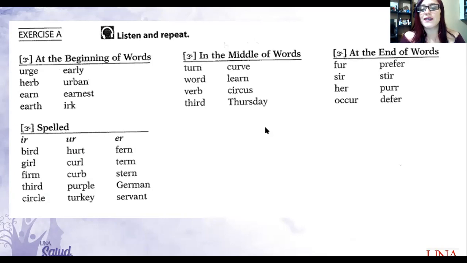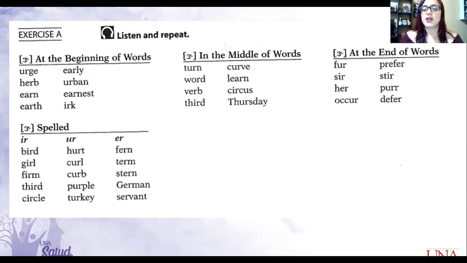Remember, your upper front teeth have to touch the bottom lip. We don't say vaca, but we have to do it the English way, because that makes a huge difference. Remember the example of I am very happy and very happy. So be careful about this sound, okay? Then we have learn, circus, and Thursday.